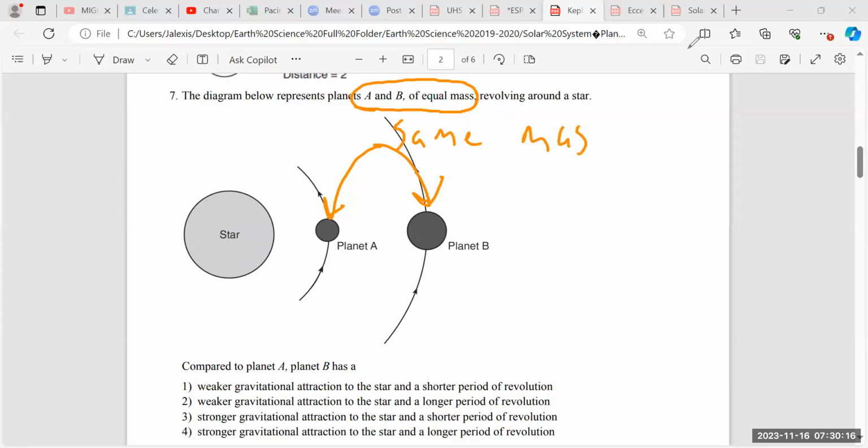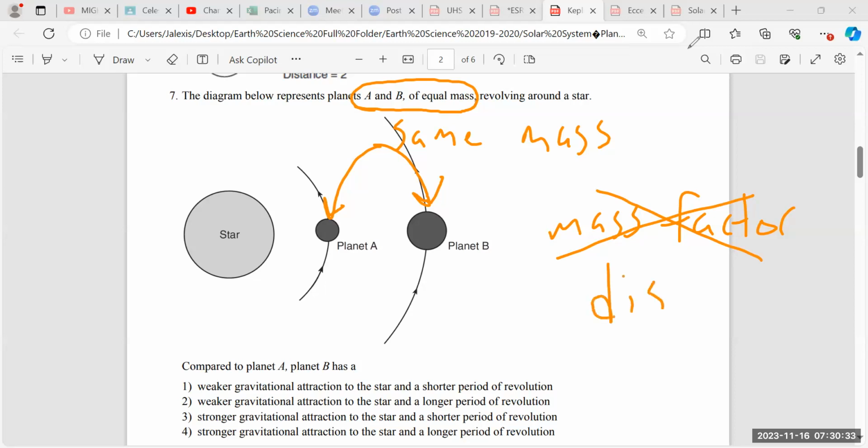So because they have the same mass, that means that the mass factor to find out which has a weaker gravitational attraction does not apply. Only the distance factor applies now.